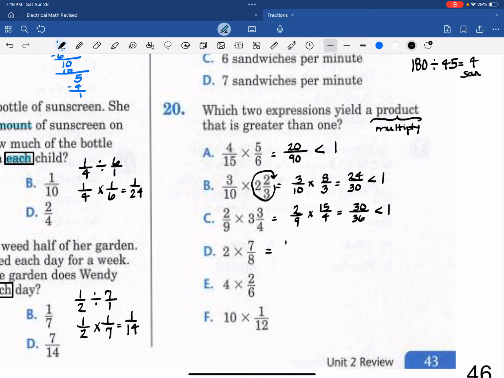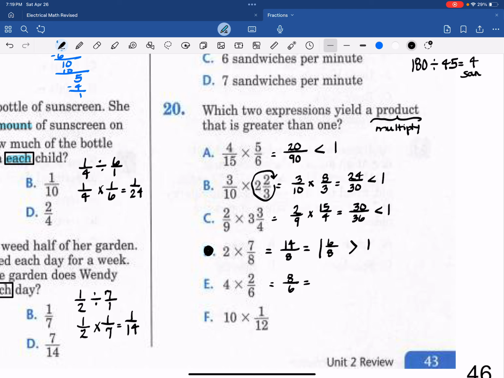2 times 7 is 14, with an 8 on the bottom. 8 into 14 is 1 time with 6 left over. That's greater than 1. So that's one of them. 4 times 2 is 8 over 6.